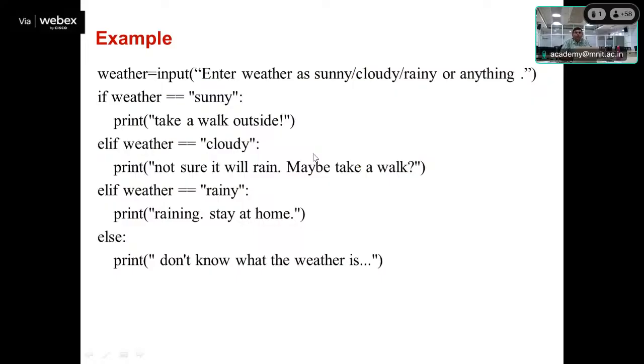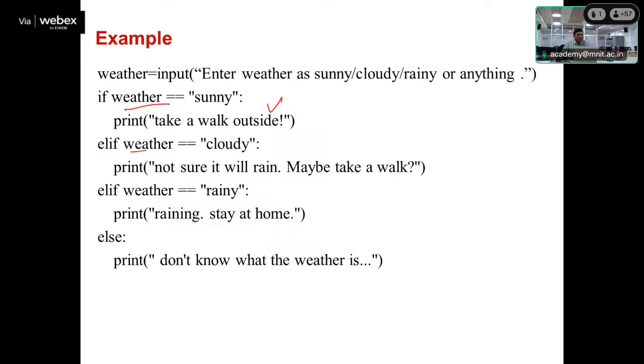Another example: enter your weather information, whether it is sunny, cloudy or rainy. You take in the input, and if the weather is equal to sunny, print, we can walk outside.